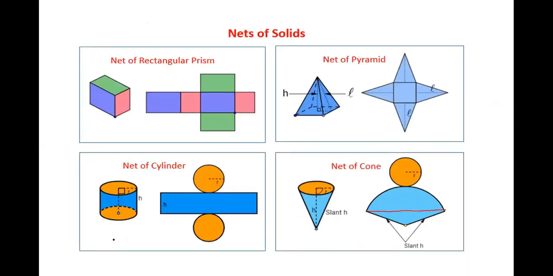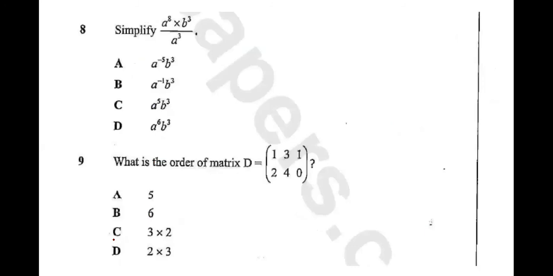Okay, continue. Question 8 reads, simplify a to the power 8 multiplied by b to the power 3 over a to the power 3. This one, you can say is the same as a times a times a times a times a, 8 times.